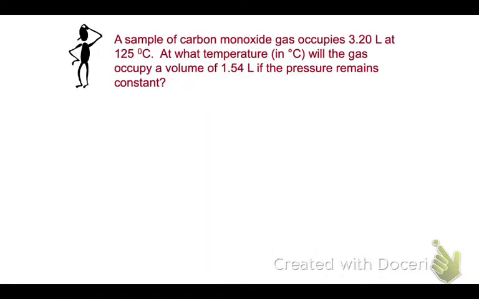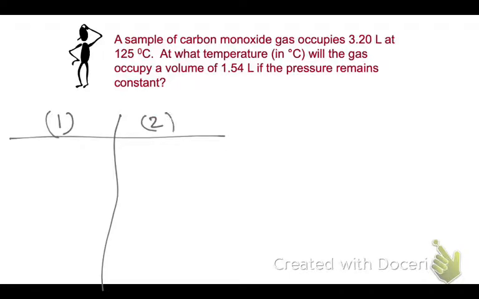Let's look at this question together. A sample of carbon monoxide gas occupies 3.2 liter at 125 degrees Celsius. At what temperature in degrees Celsius will this gas occupy a volume of 1.54 liter if the pressure remains constant? This is again a two-condition question. So I have condition 1 and condition 2, or before and after.